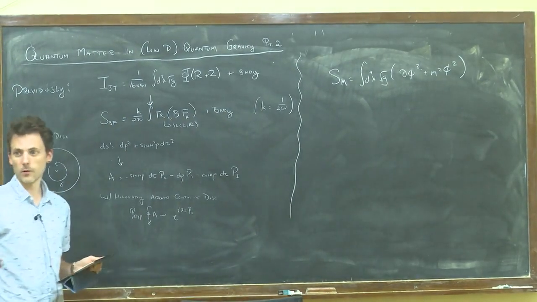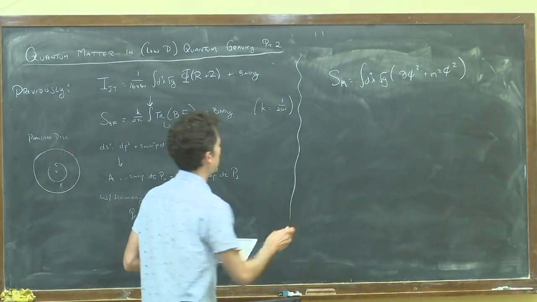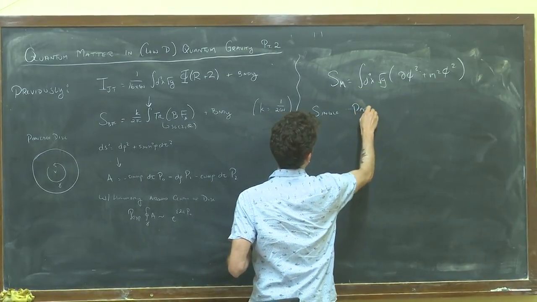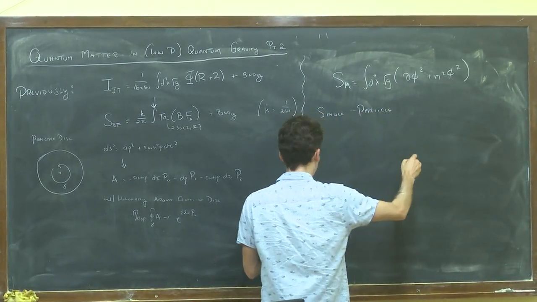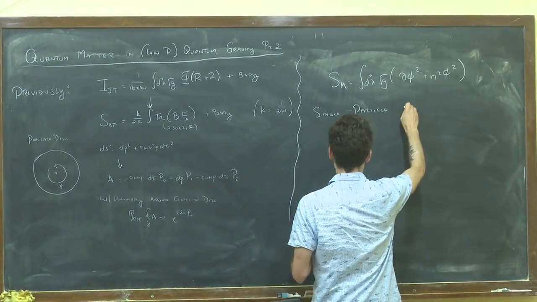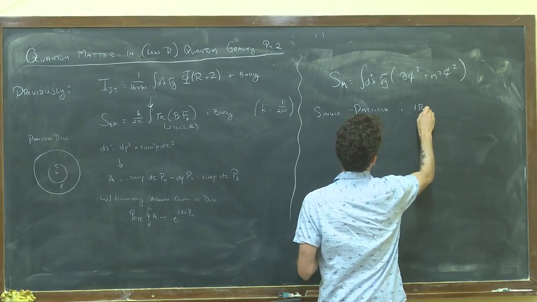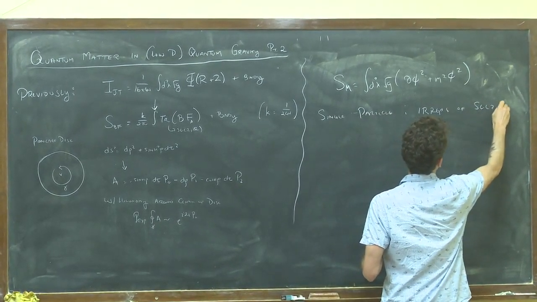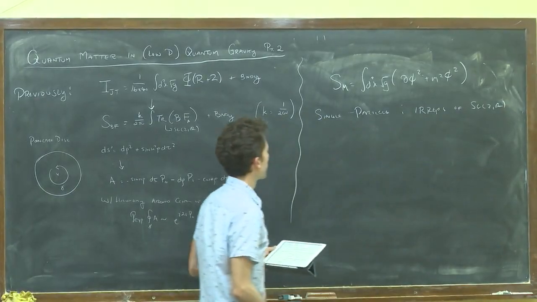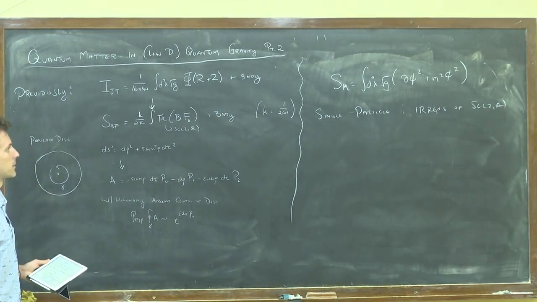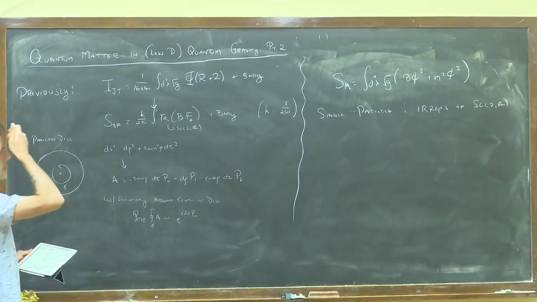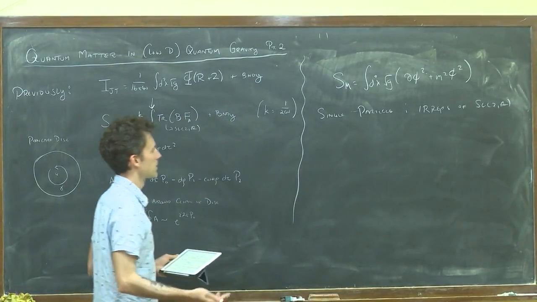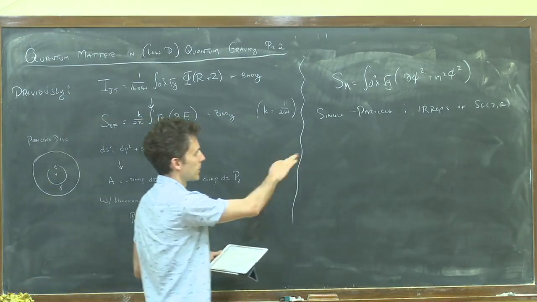I can think about the single particle states of this scalar field. And notice that those single particle states lie in irreps of SL2, or can be organized as irreps of SL2. And the reason for this is that this geometry admits a set of Killing vectors that obey the SL2R algebra, which is a trivial statement since we already know that SL2R is the isometry of this.